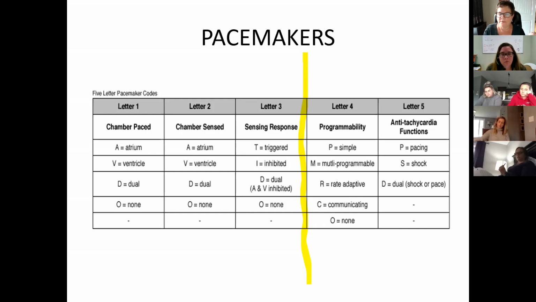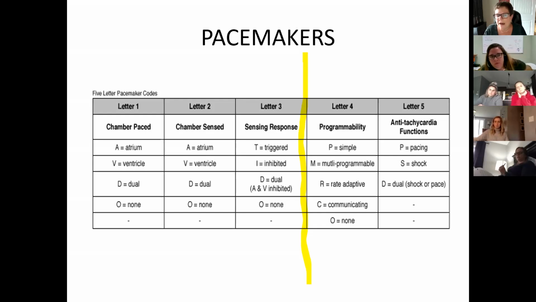And so the first letter is the chamber paced. The second letter is the chamber that it is sensing. And so if you have a lead in your atrium, it's looking for P waves because that's what happens in an atrium. If you have a lead in your ventricle and we told it to sense in the ventricle, it's looking for QRSs.